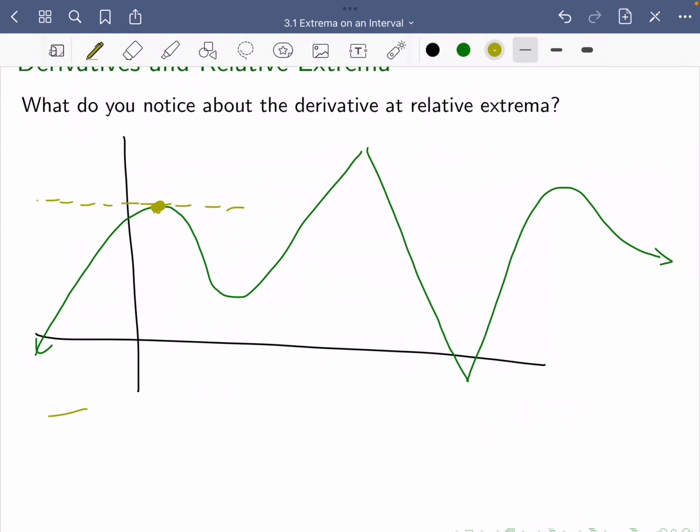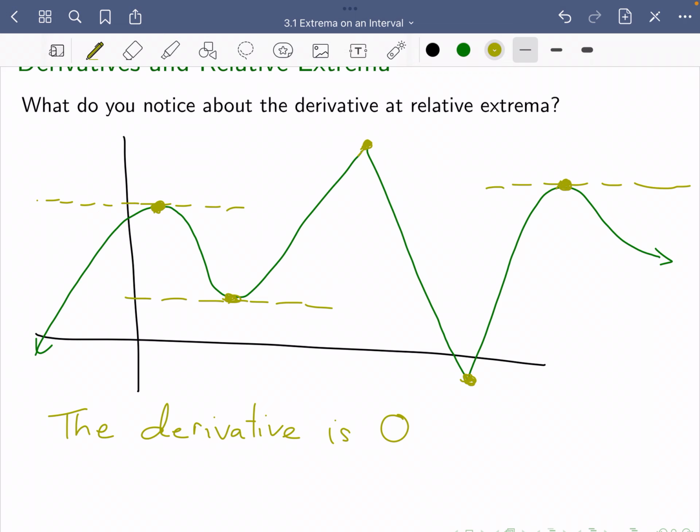And so when we have a relative extrema, our derivative looks like it might be 0. Now you might notice that right up here, we do have a relative max at that peak, and we have a relative min down here. What are our derivatives at those two points?